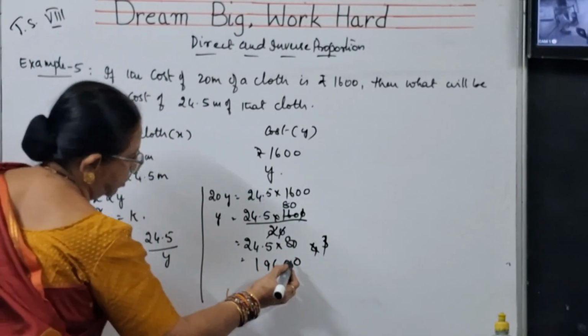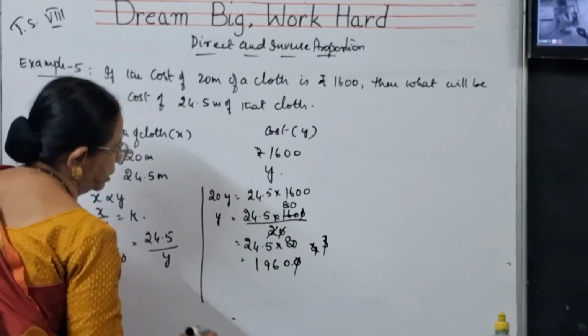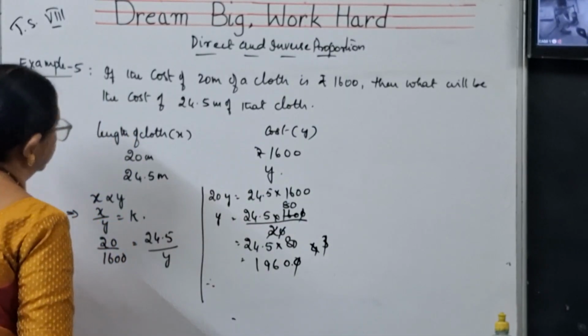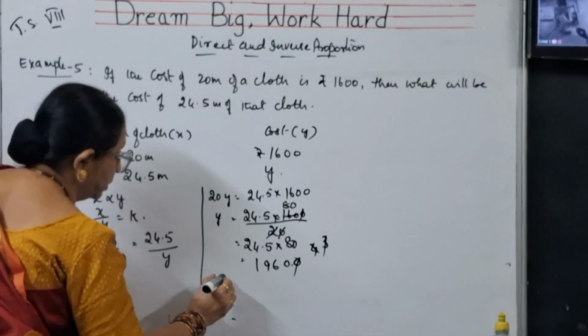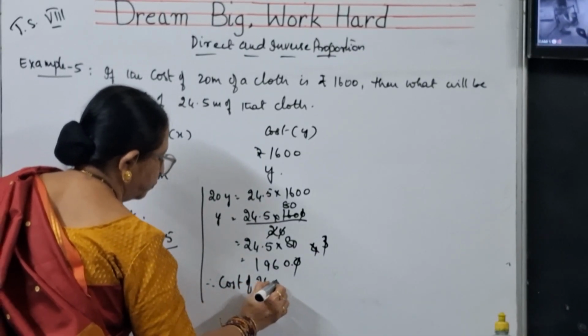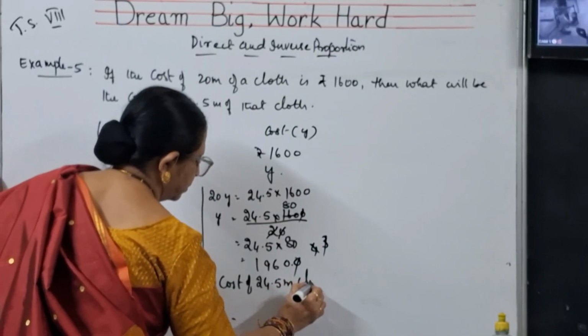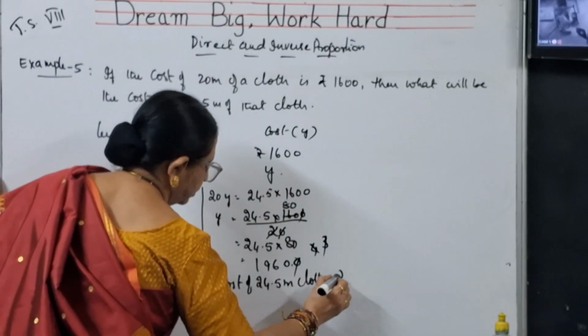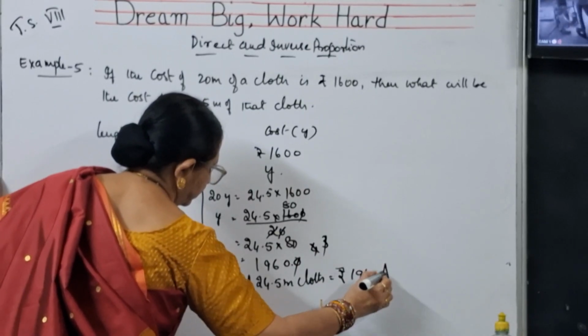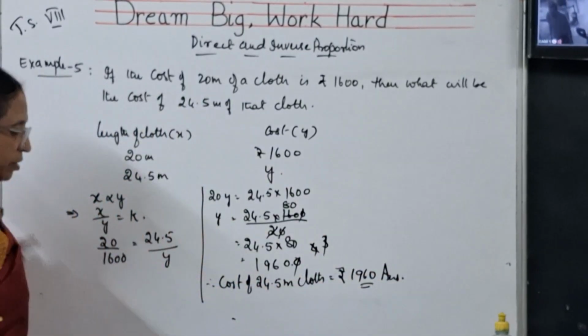So there is a decimal, let me keep this, this will be cancelled. So therefore y value, the cost of 24.5 meters of cloth, is equal to rupees 1960. This is the answer, children.